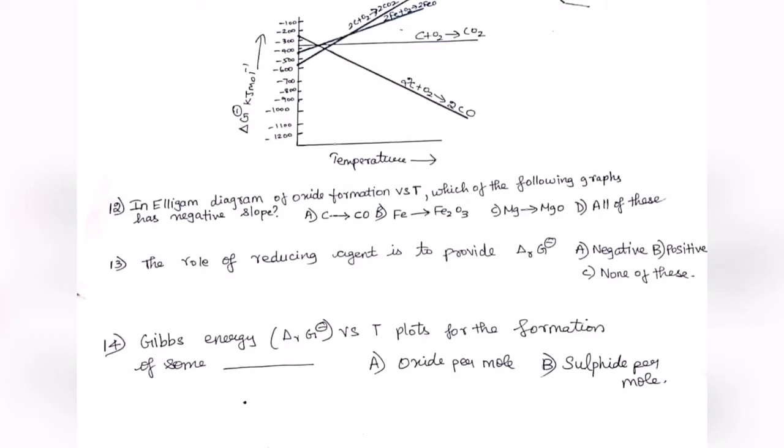Option D, all of these. The role of the reducing agent is to provide the Gibbs free energy, that is delta G standard. Is the value negative, positive, or none of these? Gibbs energy versus temperature plots for the formation of some dash, oxide per mole, sulfide per mole.